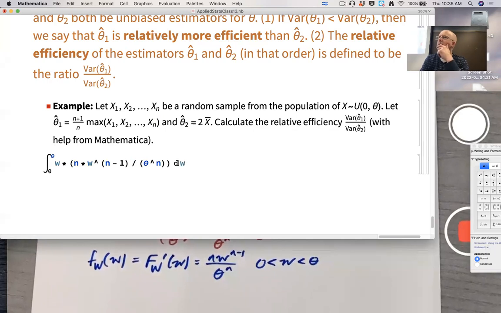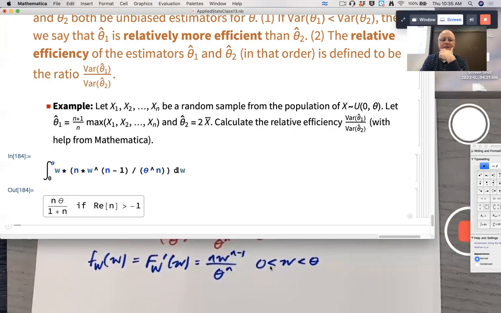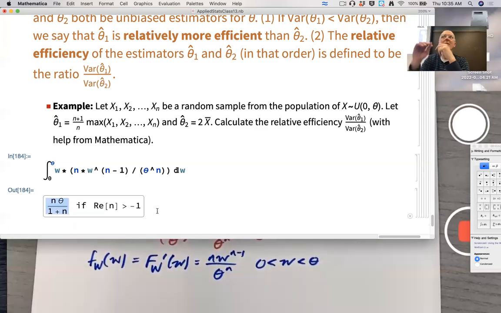What should this equal? Not quite theta. Theta times n over 1 plus n. Oh, there we go. That's why I multiply by n plus 1 over n times the maximum to make it unbiased.